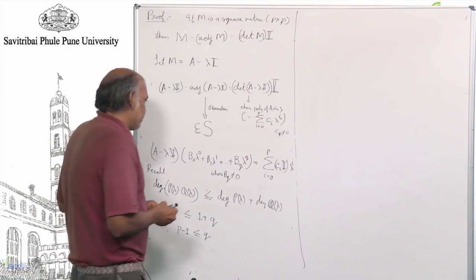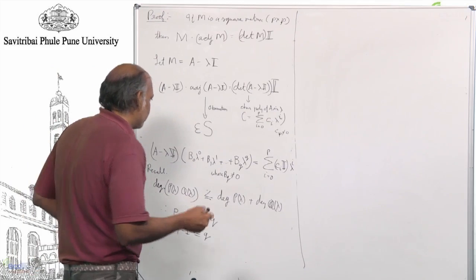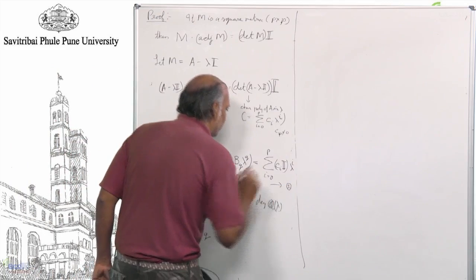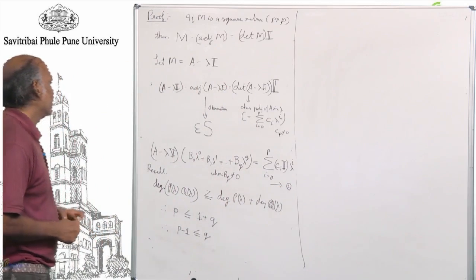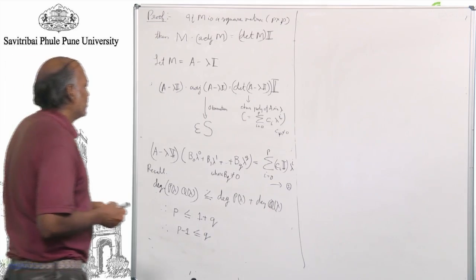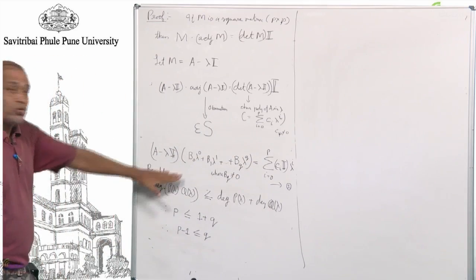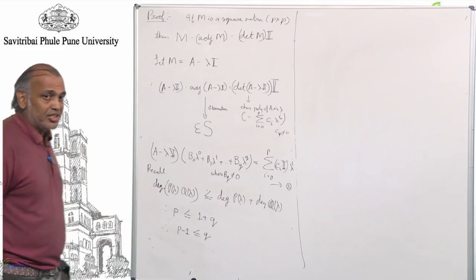Okay, so now what should I call this, equation 1 or something. Okay, let me call this equation 1. Equation 1. cp is not 0. Okay. Let us try to simplify this equation and see what you get.